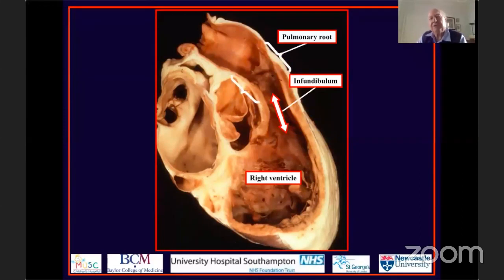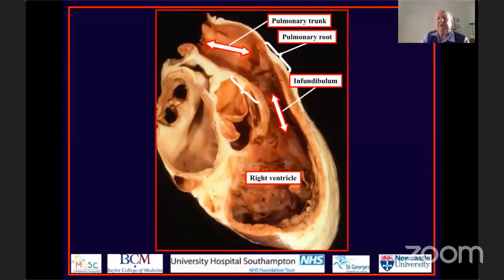And the infundibulum supports the pulmonary root. And the pulmonary root occupies the middle part of the right ventricular outflow tract. At the sinutubular junction, it becomes the pulmonary trunk. And then the pulmonary trunk extends to the margins of the pericardial cavity, where it then divides into the right and left pulmonary arteries.